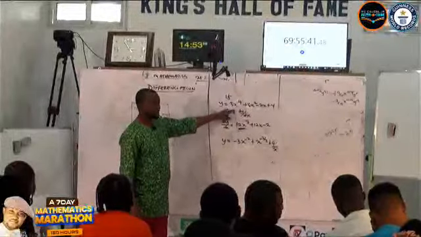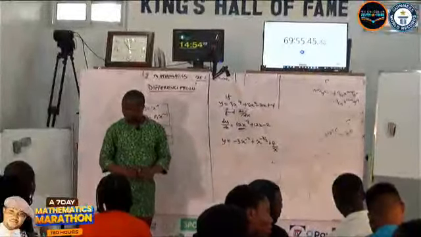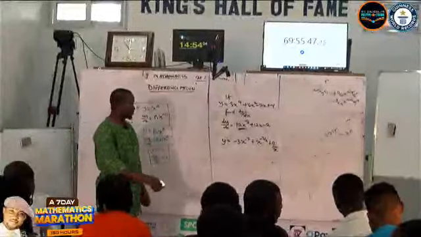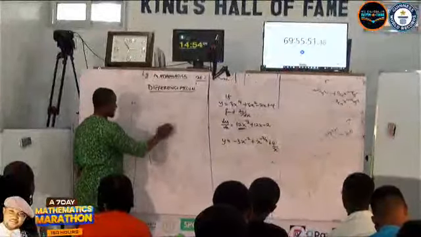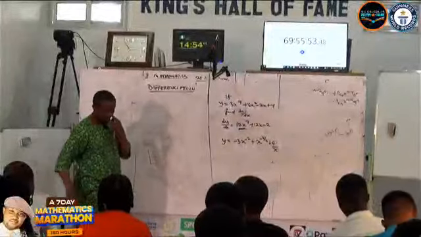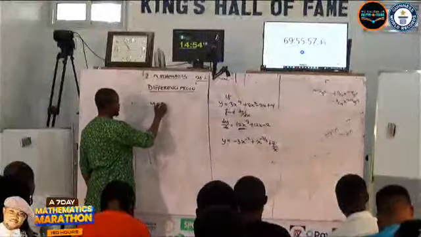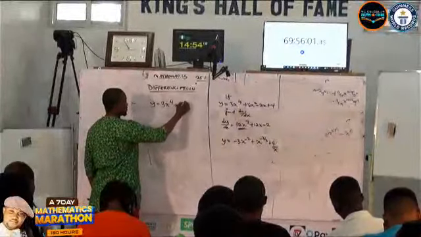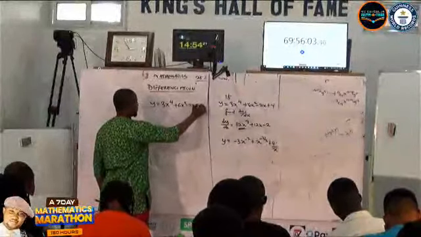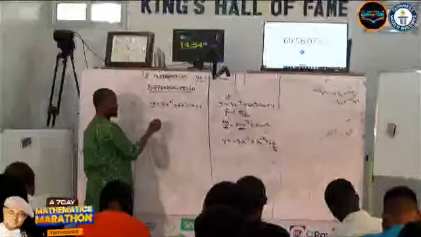This one. Okay. What you do there is this one. When they say y equals 3x^4 plus 6x^2 minus 2x plus 4, this one will come down. Is that what you want?